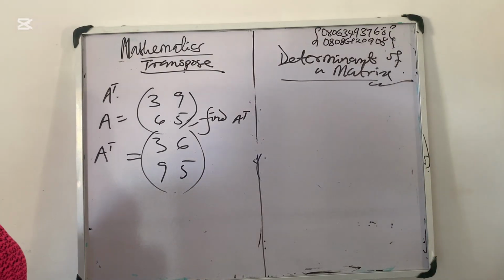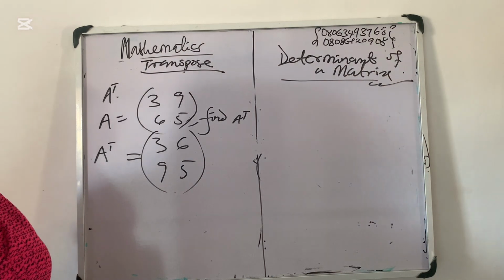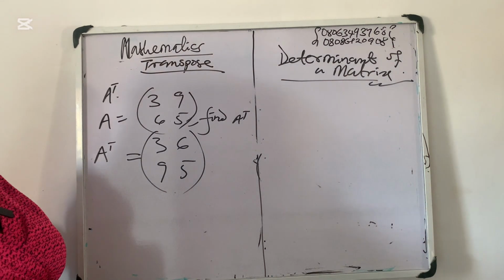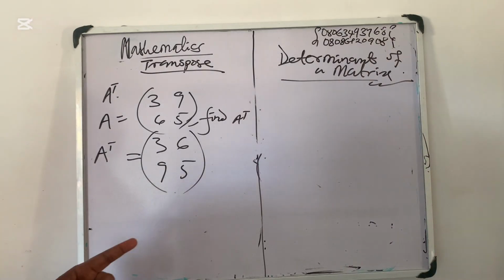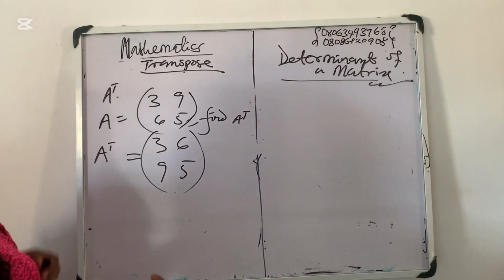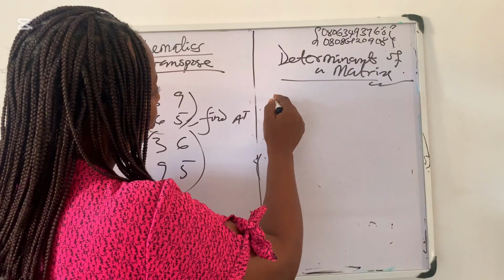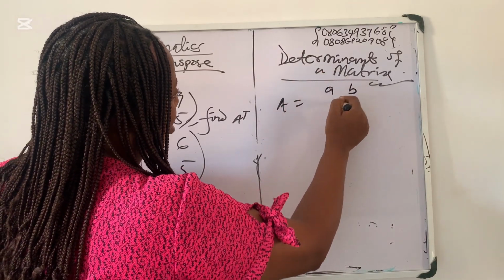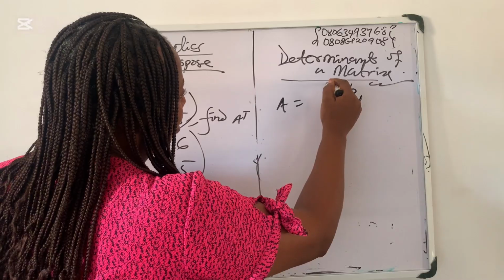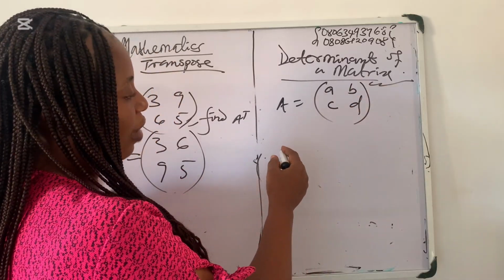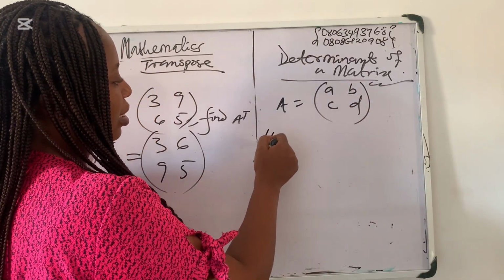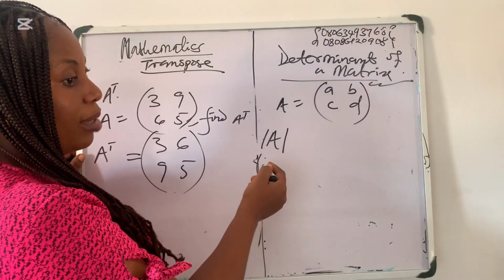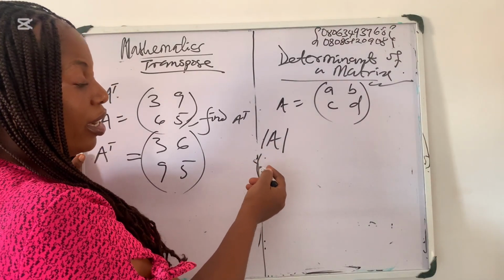Coming down to the determinant of a matrix, we can only compute it if it is a square matrix. Taking for example, if you have A equal to a, b, c, and d, and you are asked to find the determinant of A, this is how we denote the determinant of A.